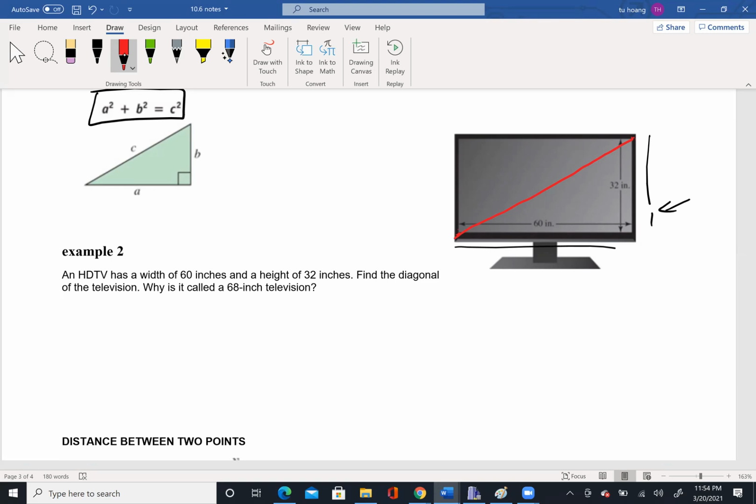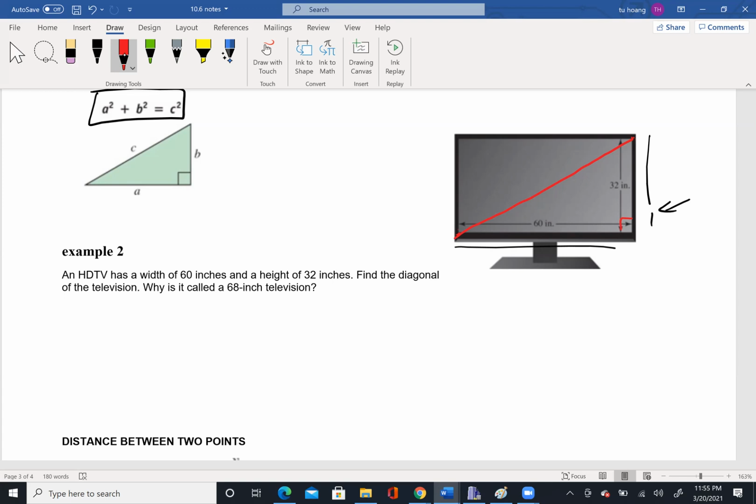It is the red line that I have just shown you, and we're looking for it. So here you see that we have a right triangle with two legs.